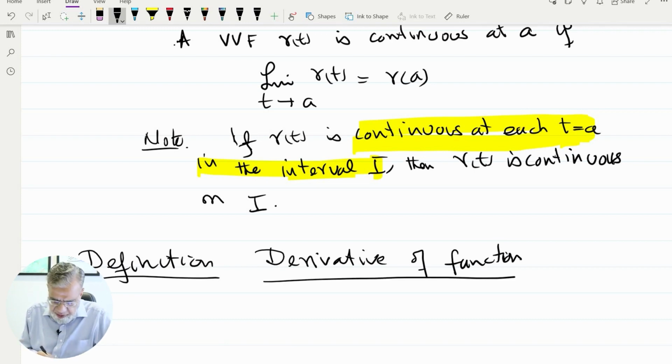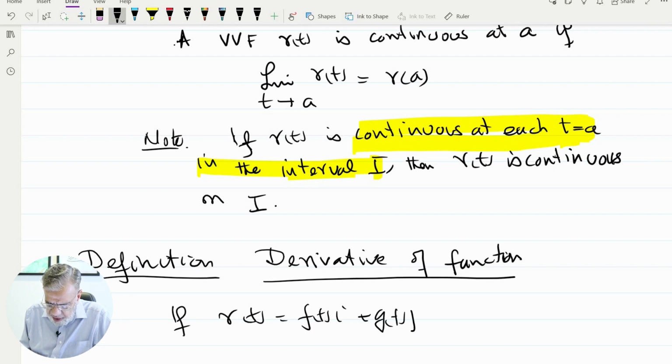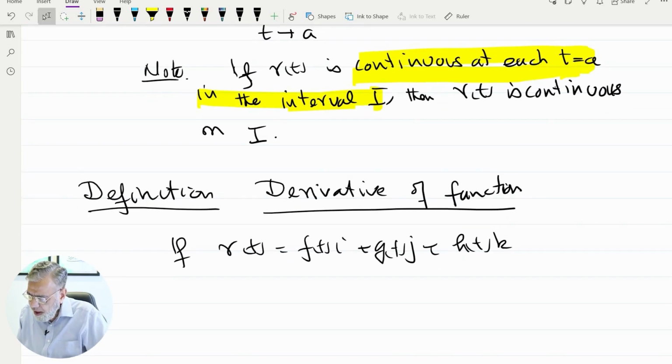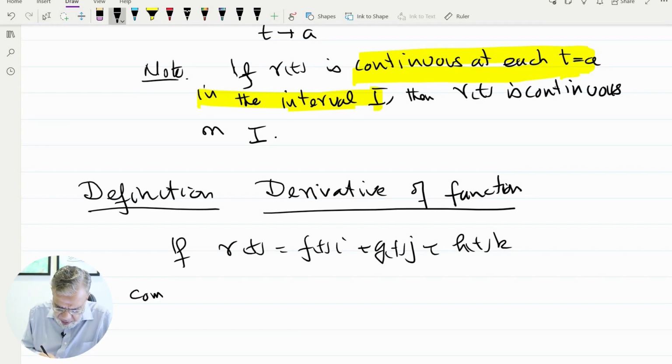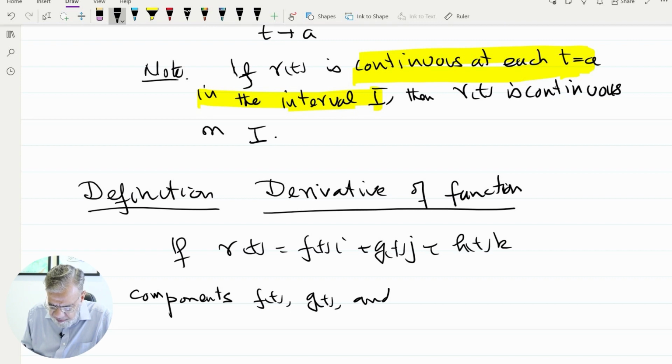So we say we have the function r of t equals f of t i plus g of t j plus h of t k, a vectorial function on a certain domain, and the components f of t, g of t and h of t are differentiable.